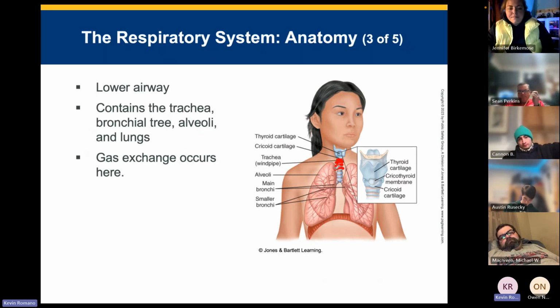They're not fully developed in a pediatric, which makes it more pliable, which is why we have to pad underneath the head to keep that trachea open in the ped. In adults, we can bend the head forward and backwards, and because the cartilaginous rings are more solid, it makes the trachea a more solid part of the anatomy, otherwise known as the windpipe.